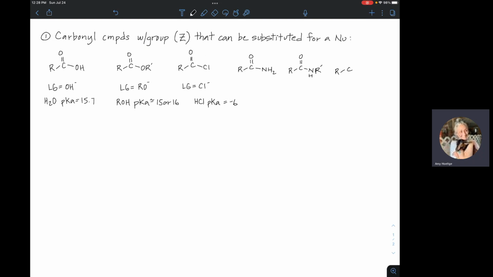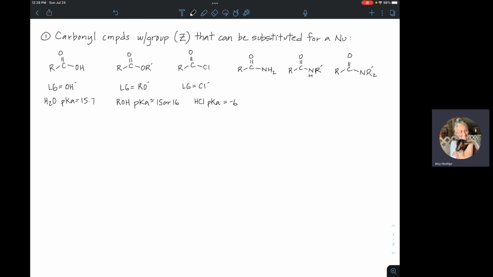But essentially, we have these options where all three of these are amides, right? So we have the carbonyl, then we have a nitrogen, and it's either got two hydrogens, one hydrogen and an R group, or we could have two R groups. And the R groups don't even have to be the same, right?